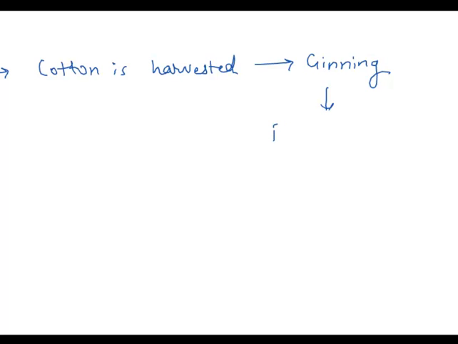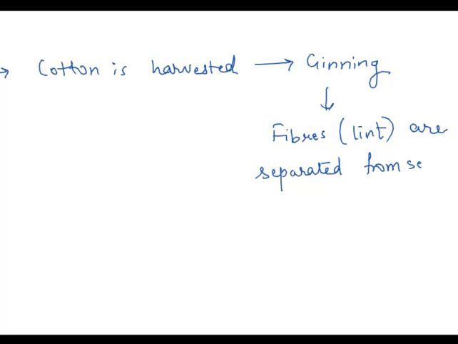So remember this, that after cotton is harvested, it is sent for the ginning process, where the cotton fibers, called lint, are separated from the cotton seeds.